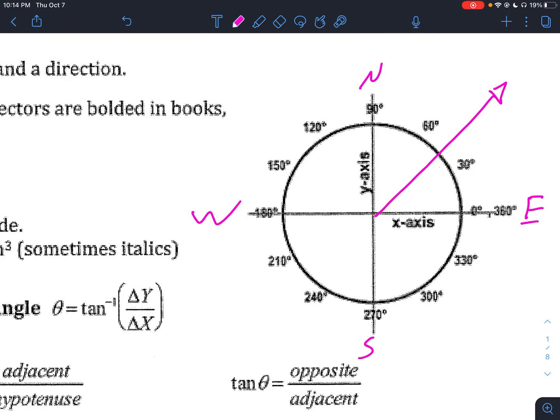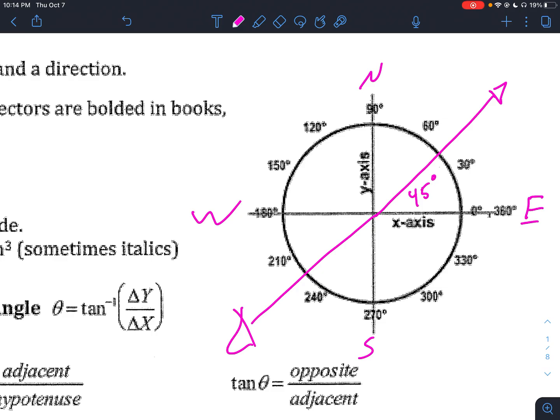If I were to tell you walk 45 degrees, you know what that means, versus southwest. Southwest is a pretty big area if you're not going by that specific middle, the 45-degree angle. But if I tell you walk 150 degrees, you know exactly where to go.